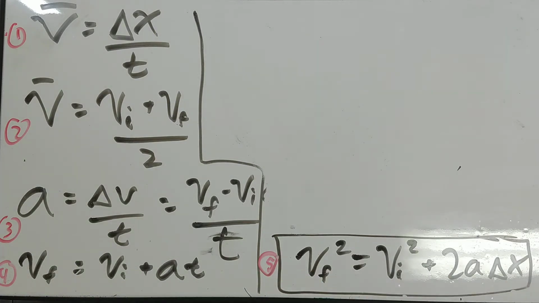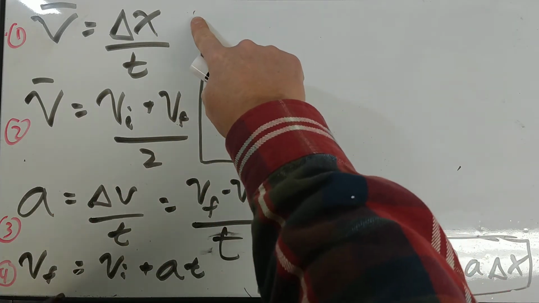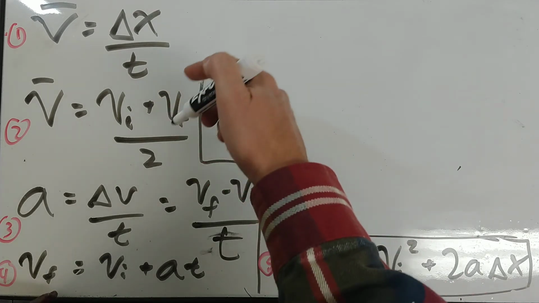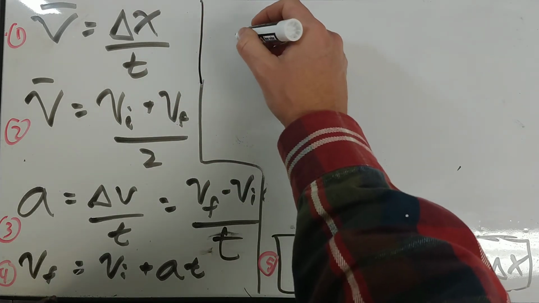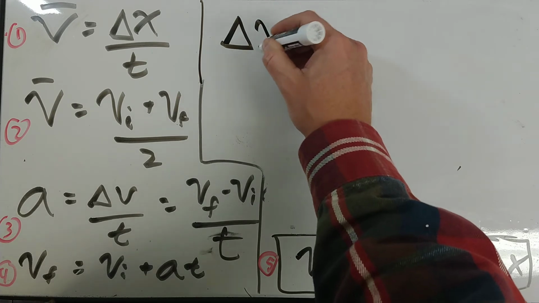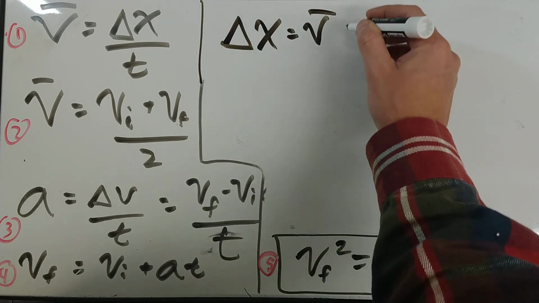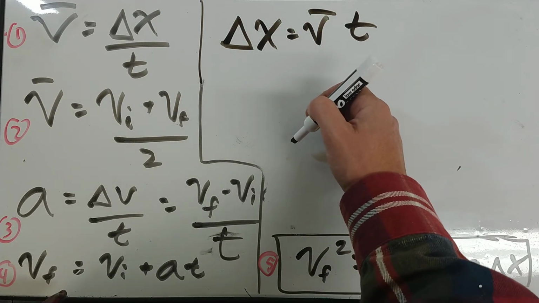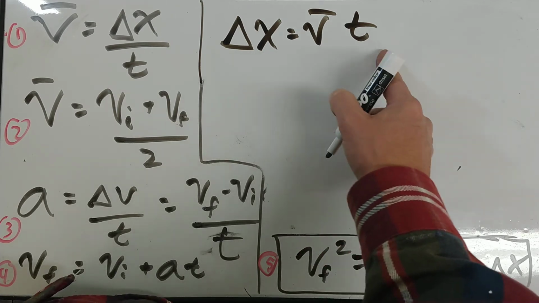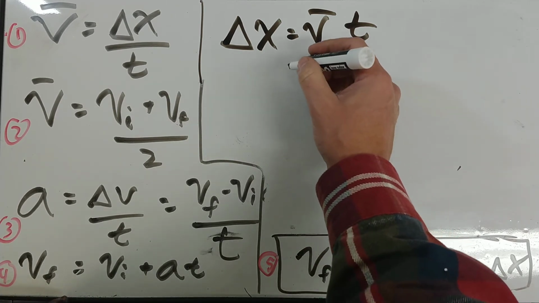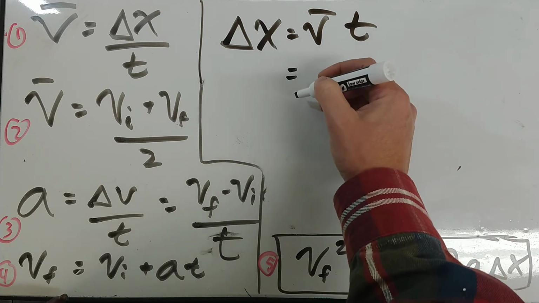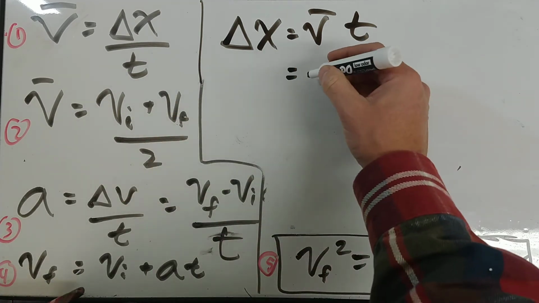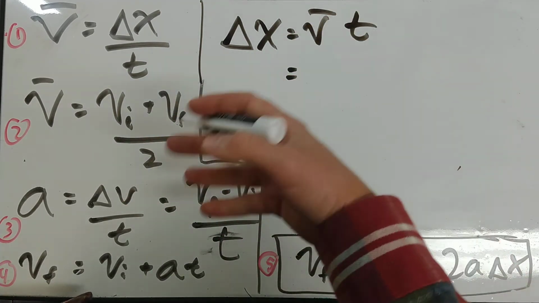Now the other one is essentially a rearrangement of number 1. Number 1 can be rearranged to read delta x equals average velocity times time. So what if it's accelerating?